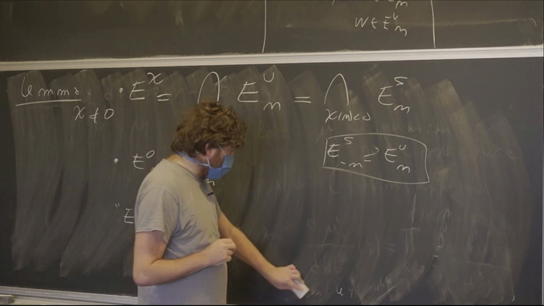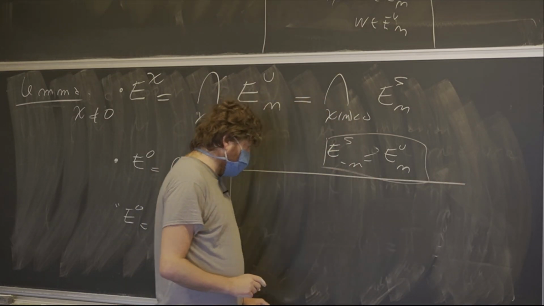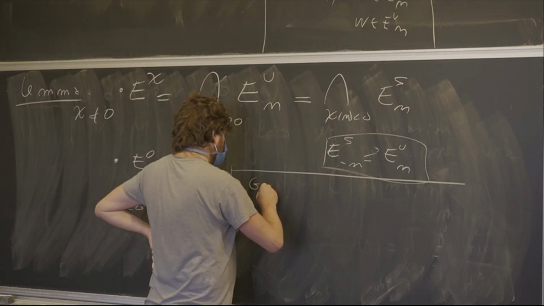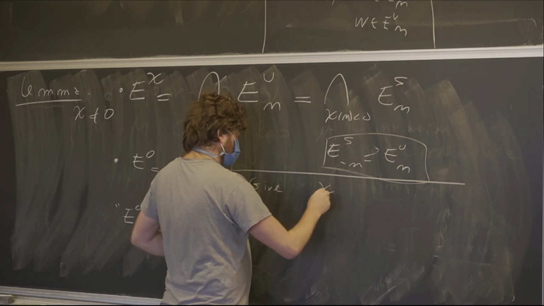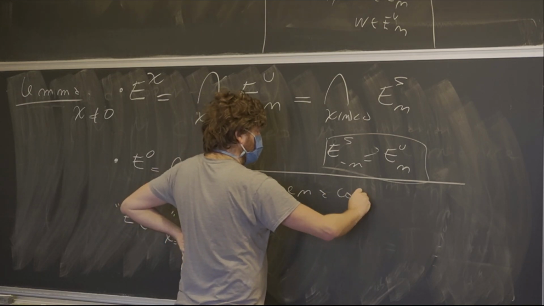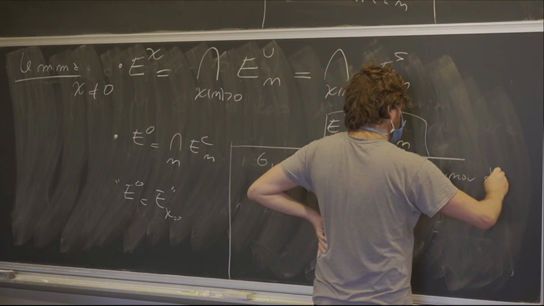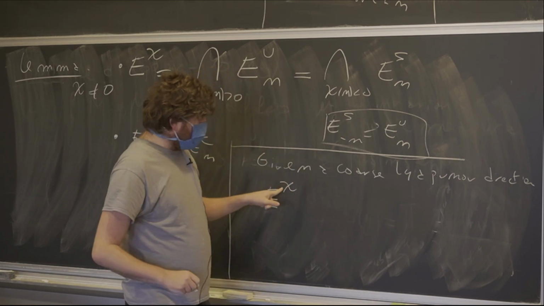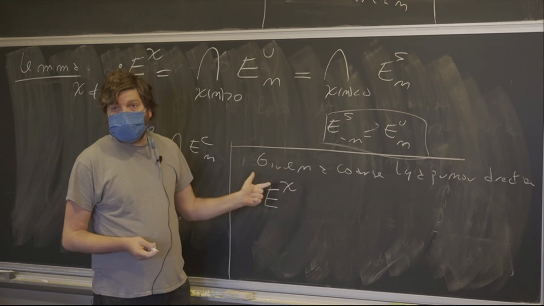So I like in general to take, given a coarse Lyapunov direction E^chi, so this chi is not uniquely determined because any positively proportional one will do the same job.